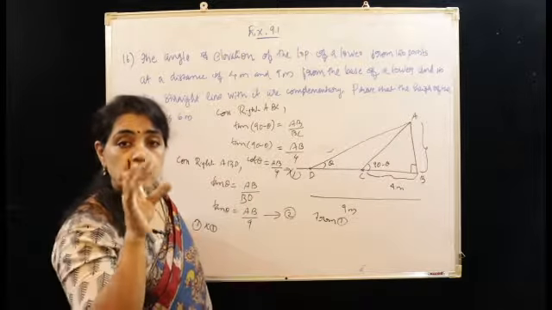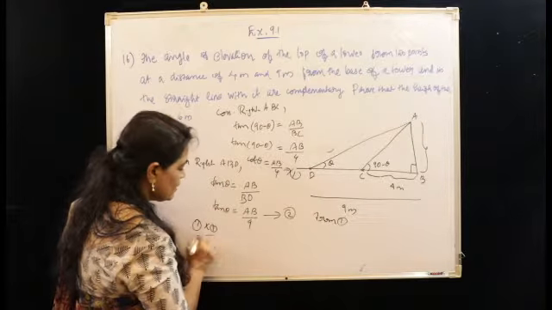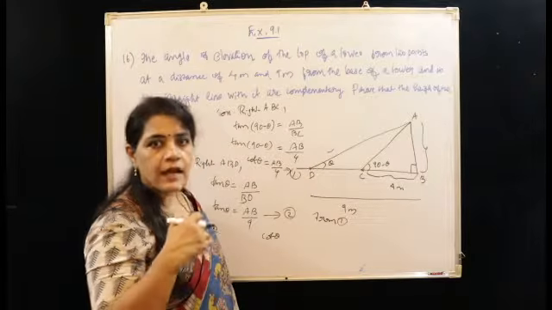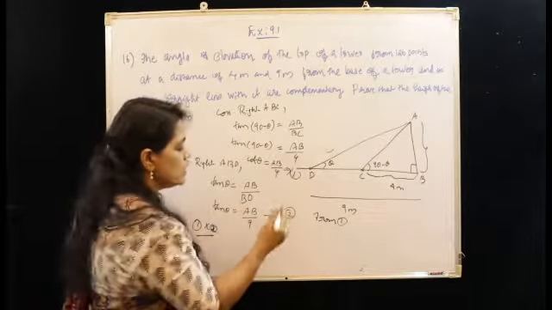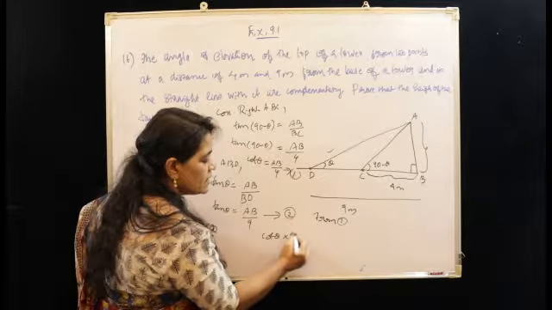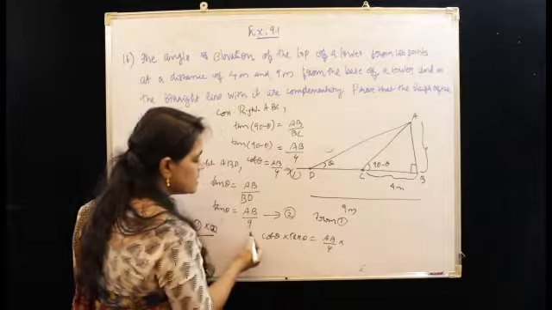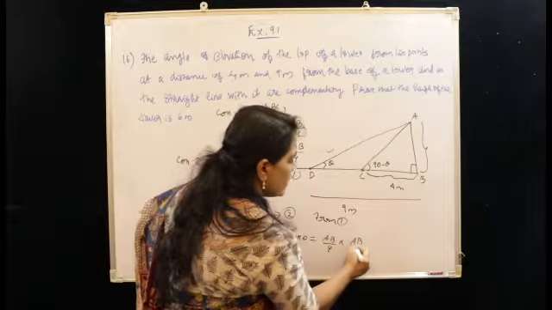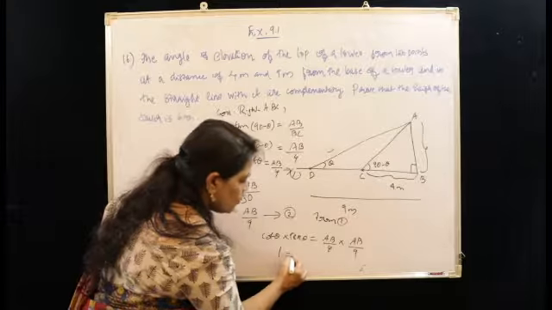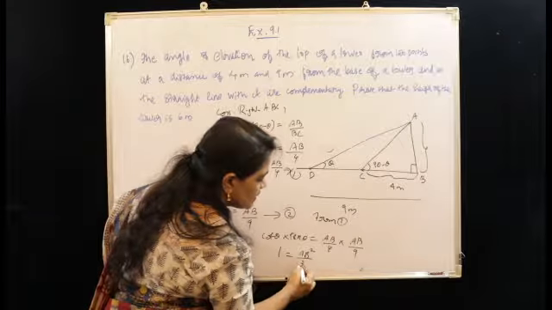That is not needed. We have to prove that the height of the tower is 6. In order to eliminate them, we multiply equations 1 and 2, that is, multiply the LHS and RHS of both equations separately. So cot theta into tan theta, which is 1, equals AB by 4 into AB by 9, so AB square by 36.